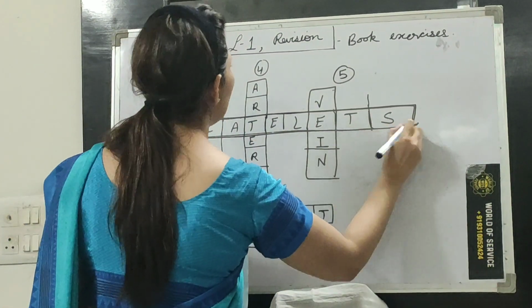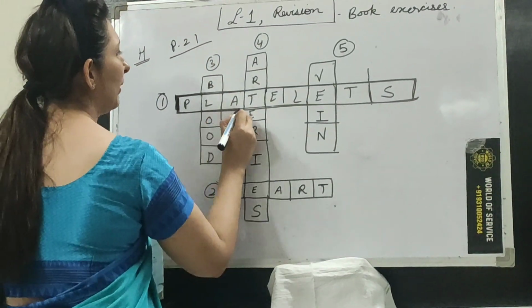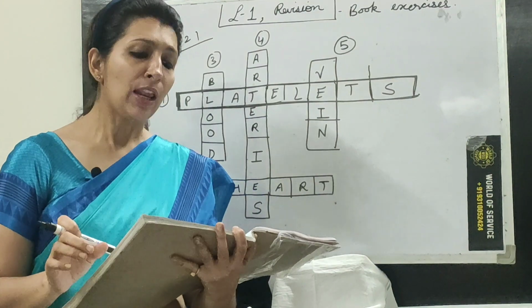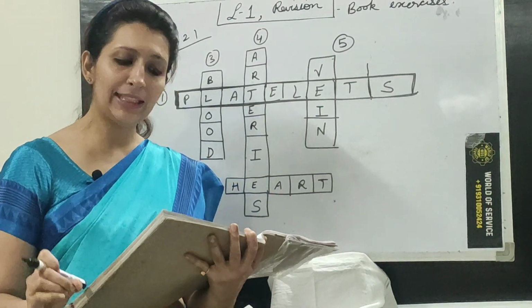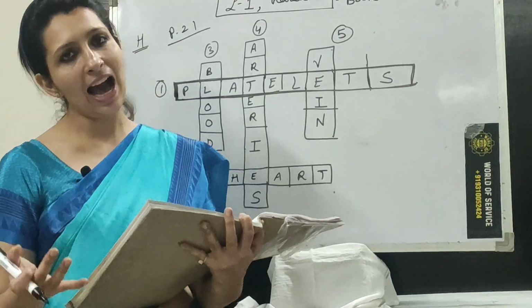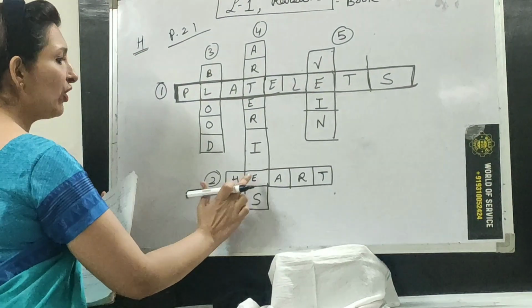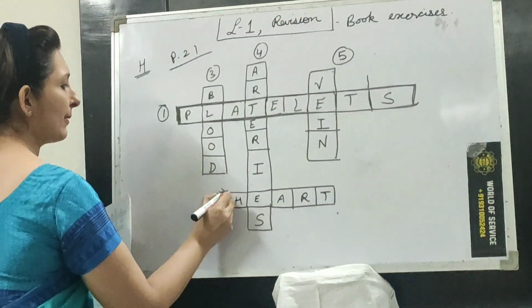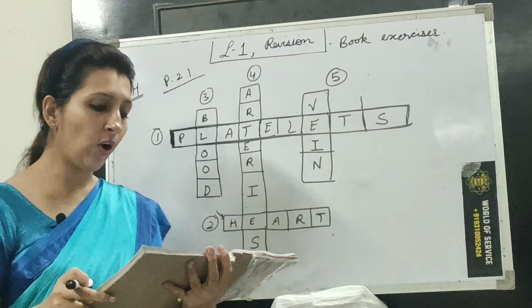Now I am sure you would be clear by now. Next. 4-chambered organ located in the chest cavity. Now we all know this. Answer is heart. H-E-A-R-T. Heart. Pay attention on this part.